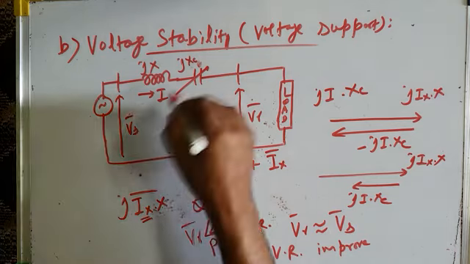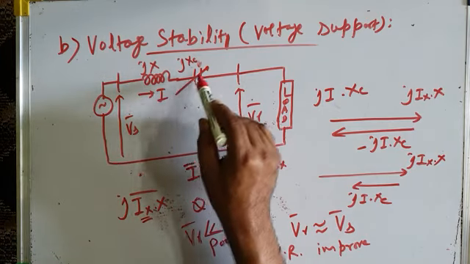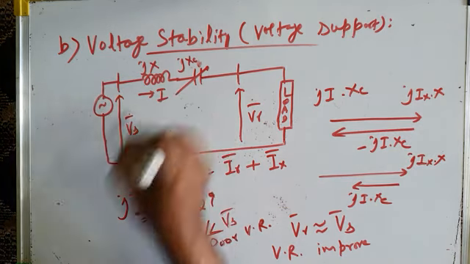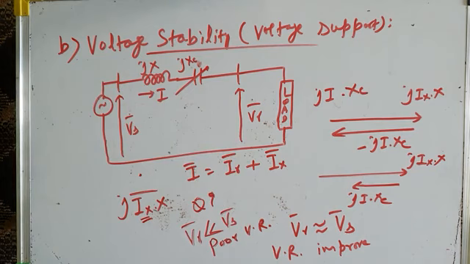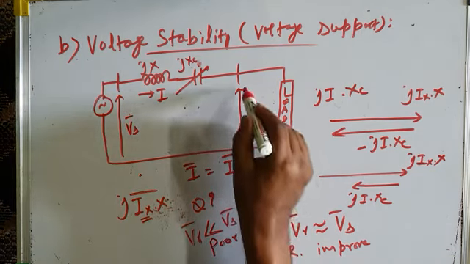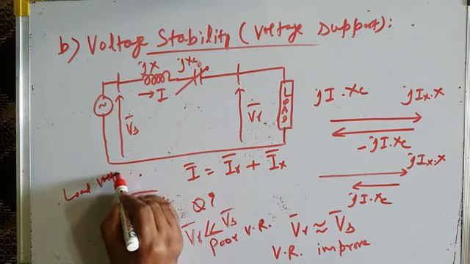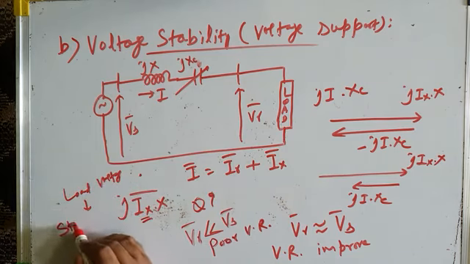So this is how voltage support is provided by series compensation. Now when this series capacitive compensation nullifies the reactive voltage drop across the transmission line, it produces a stiff voltage source across the load. So the load voltage acts as a stiff voltage source.